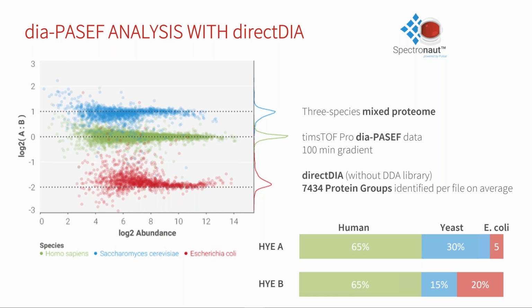And we can see that the actual quantification results are nicely distributed around the expected ratios. And this is data from dia-PASEF runs analyzed by our DirectDIA 2.0 workflow, which means without acquiring any additional runs for library generation. We identified more than 7,400 protein groups per file on average here. This was a 100-minute gradient.